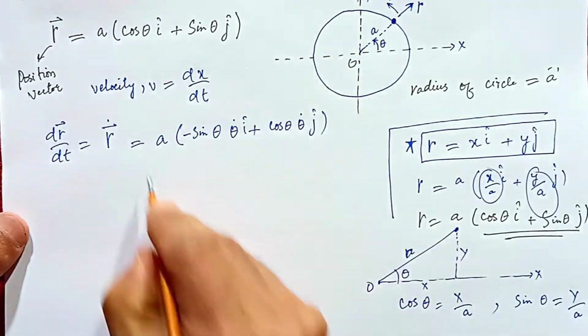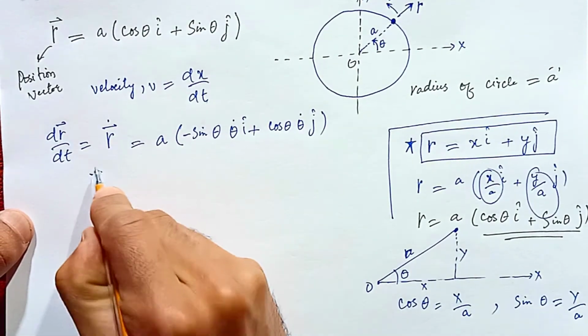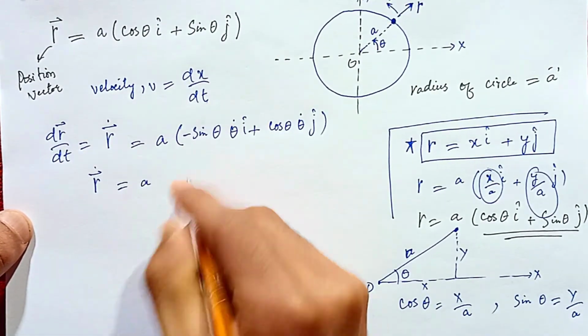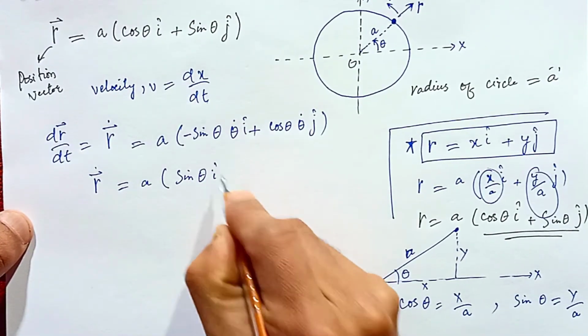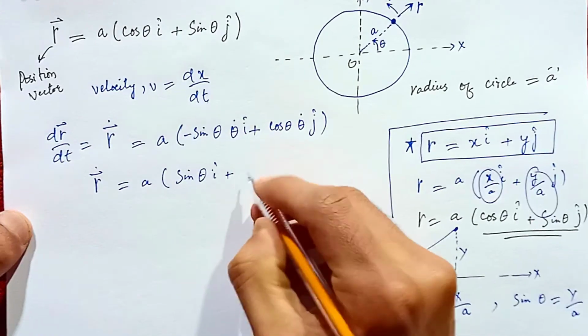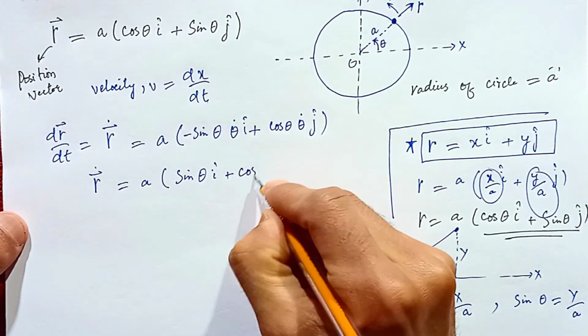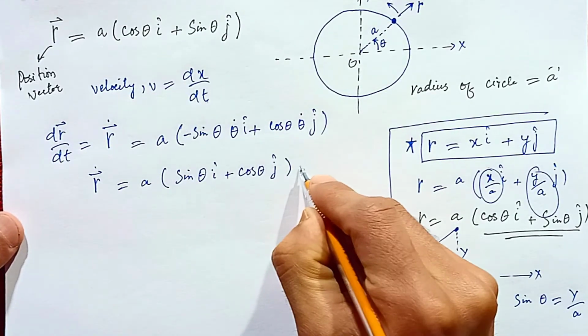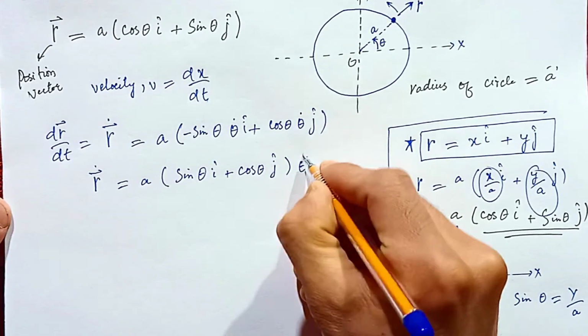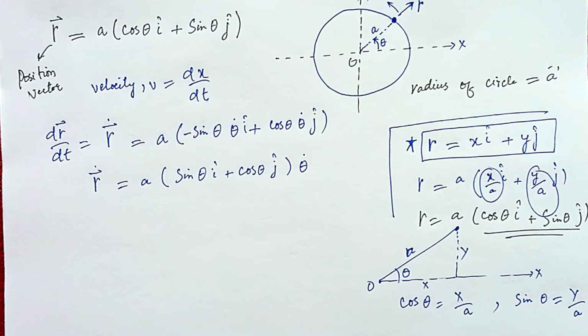Fine. Keep this out: a times minus sine of theta along i plus cosine of theta along j. Theta dot, keep this outside, so we will get theta dot here. Fine.